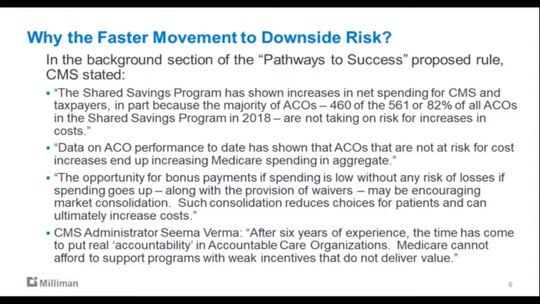That is a fear of CMS, and consolidation reducing choices for patients and can ultimately increase costs. So again, a lot of concern by CMS to push MSSPs into downside risk sooner.